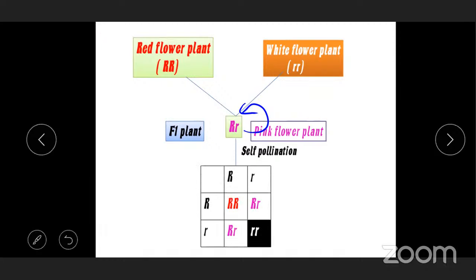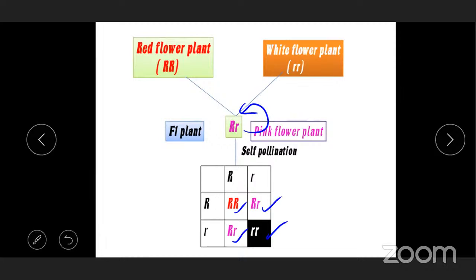See, capital R, small r, because it is self-pollinated. First capital R, small r; second capital R, small r; third capital R, small r. First, let us find out the phenotype. Capital R, red.